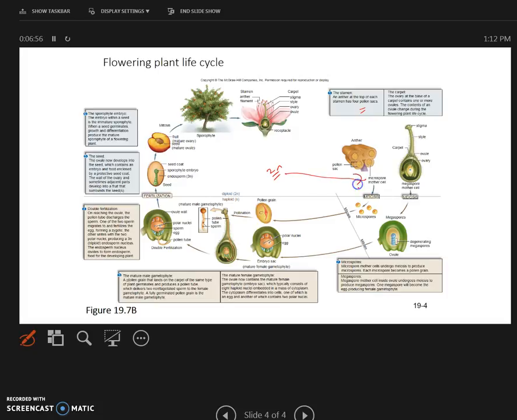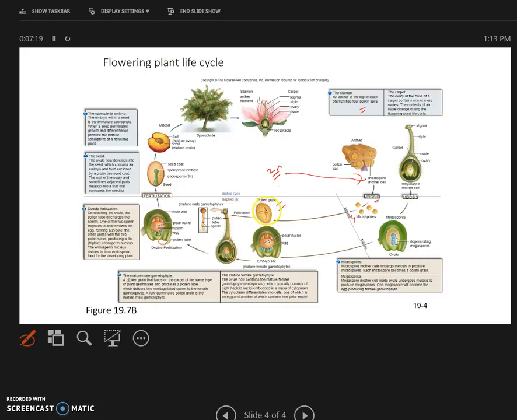So these microspore mother cells undergo the reductional division called meiosis, and each microspore mother cell is going to now form 4 microspores. The 4 microspores are then going to mature into pollen grain, which are going to be carried by the wind or by water or by animals, insects.